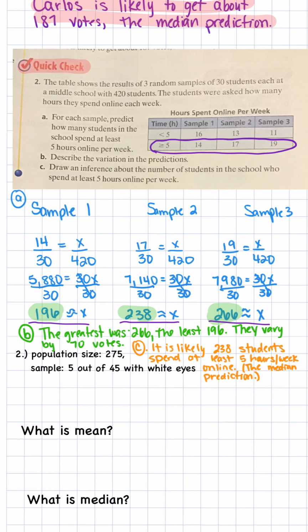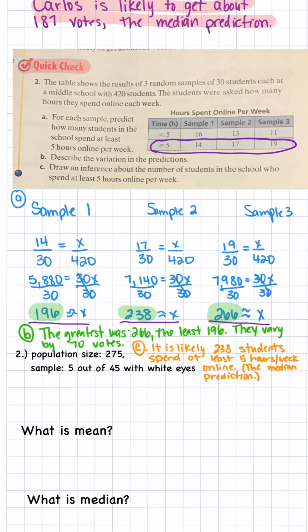Okay, so based on that, the greatest was 266, the least was 196. They vary by 70 votes. It's likely 238 students spend at least 5 hours a week online, the median prediction.